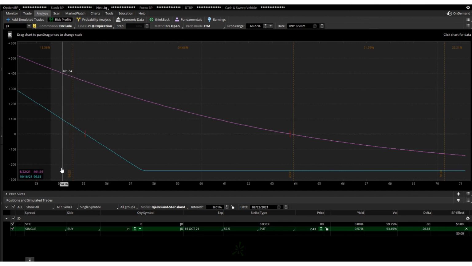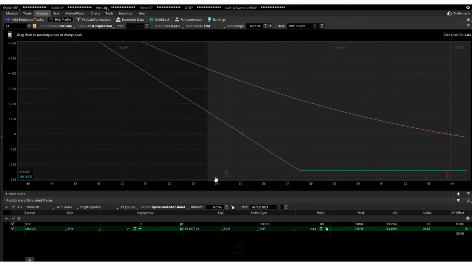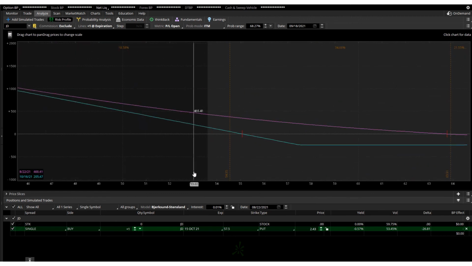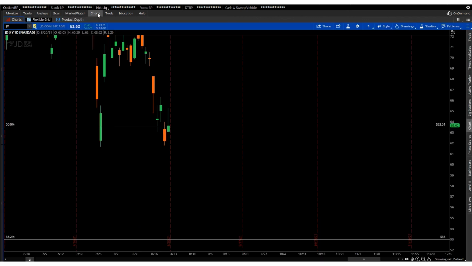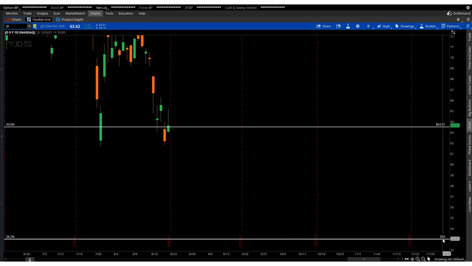And if price continues falling, let's say price goes to 53, I would have made back my initial principal plus an additional $205 per contract. So here's at 55, and the nearest support level is 53.